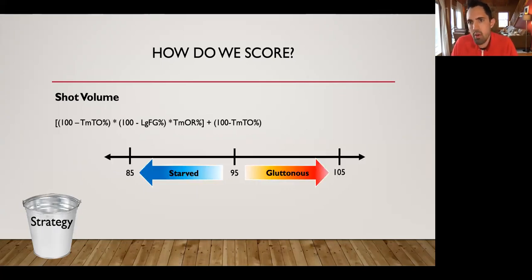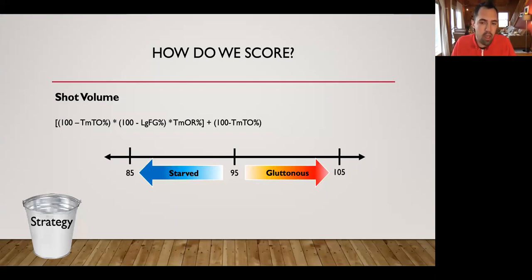Shot volume, simply put, is a measurement of on average how many shots, field goal attempts, your team generates per 100 possessions. Usually a number around 95 is about average, below 90 is bad, above 100 is really good. And this is adjusted for free throws, by the way.